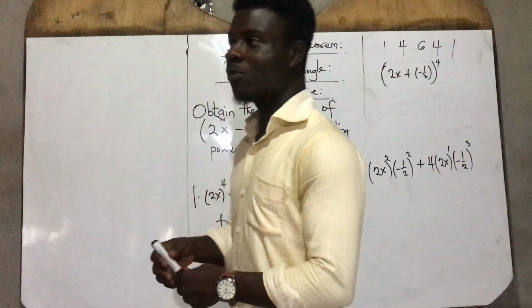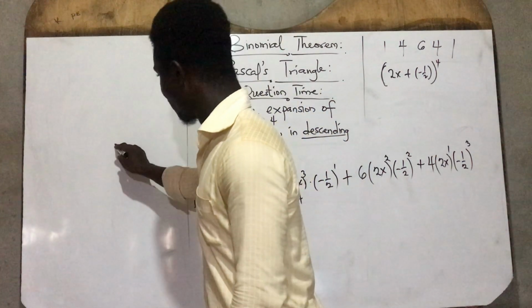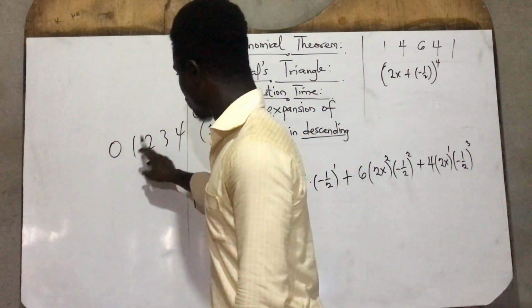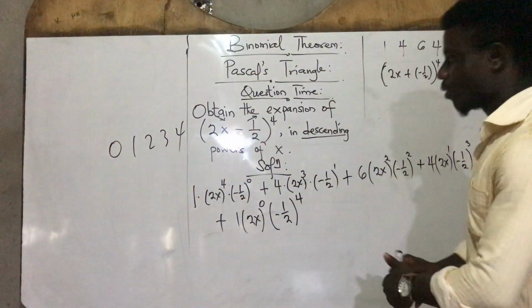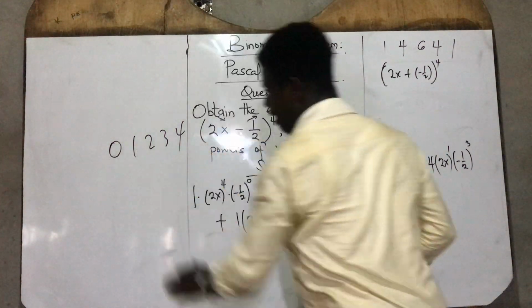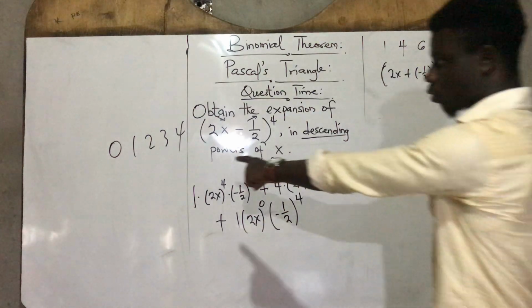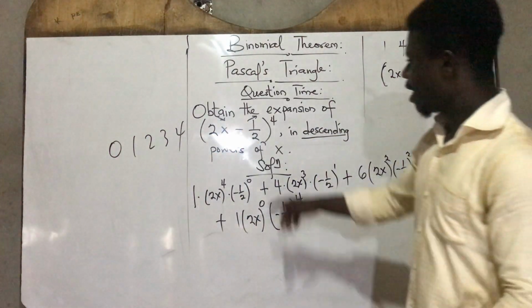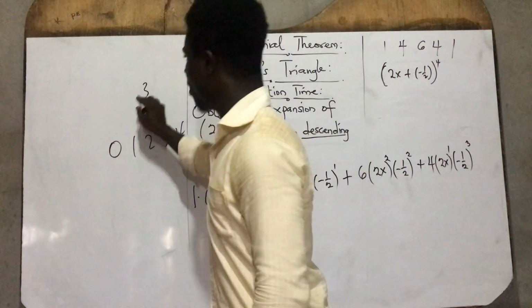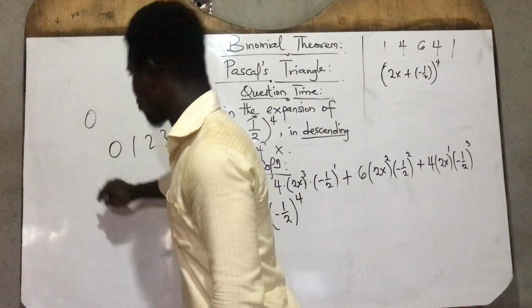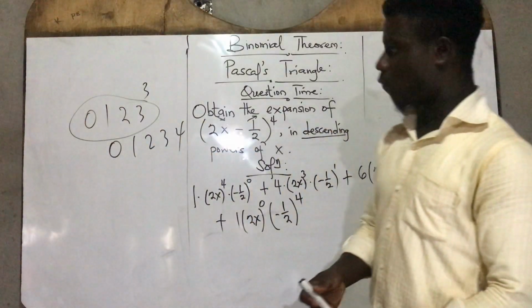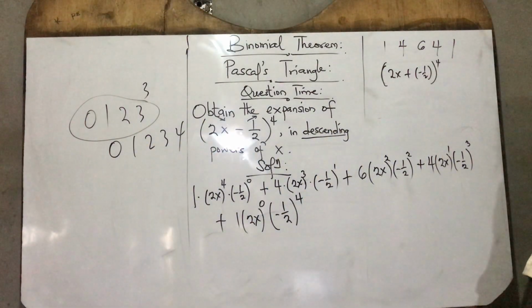The reason why it must be 5 is 0, 1, 2, 3, 4. You get 5, because this 0, we count it as well. And don't forget, if it is to the power 3, how many terms are you getting? 0, 1, 2, 3. So you are getting 4 terms for that.